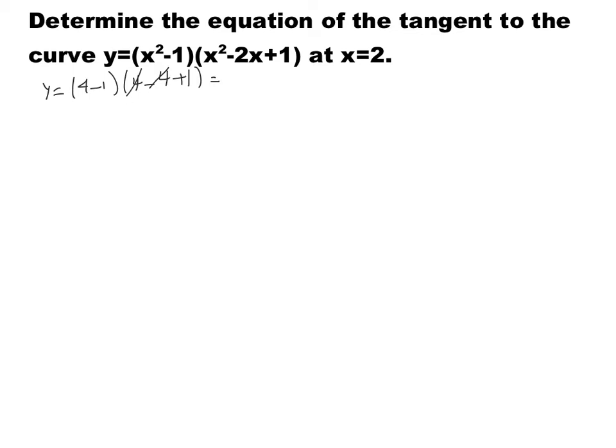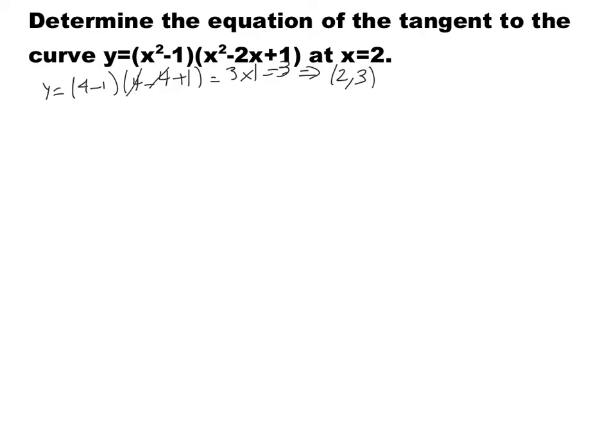The 4 cancels with 4, so I get 3 times 1, which is 3. So the point where the tangent touches the curve is (2, 3).